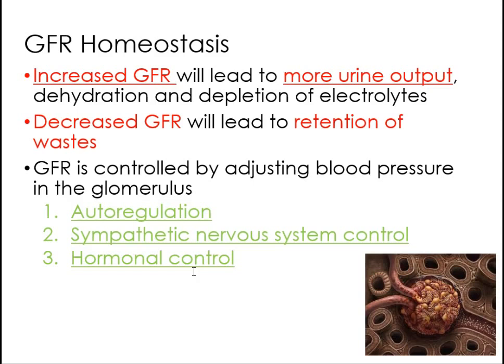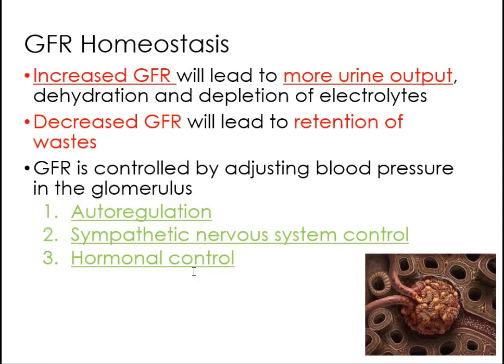Increasing flow rate would lead to more urine output, of course, and decreasing flow rate would lead to retention of wastes. So that makes sense. If you increase your filtration rate, you're going to be pushing more things out of the body. If we decrease that filtration rate, we're going to retain those things.